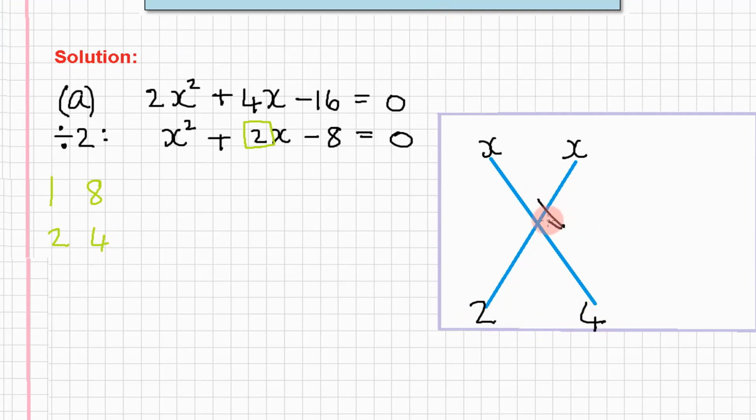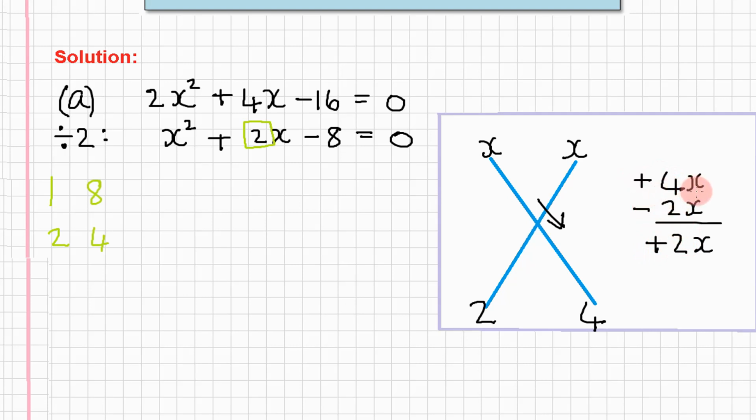We cross multiply. X times 4 is 4x, and x times 2 is 2x. The middle term must be positive 2x. Now, the only way that 4 and 2 can give us positive 2 is if the 4 is positive and the 2 is negative.